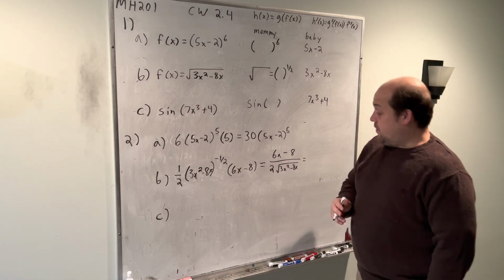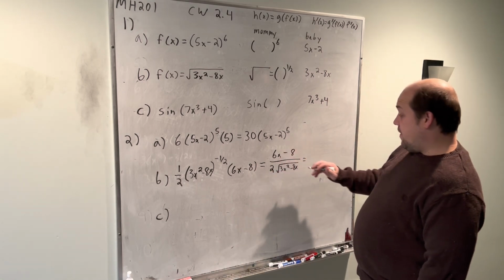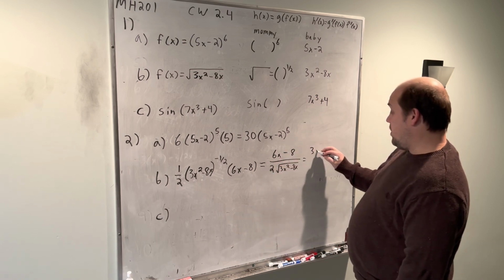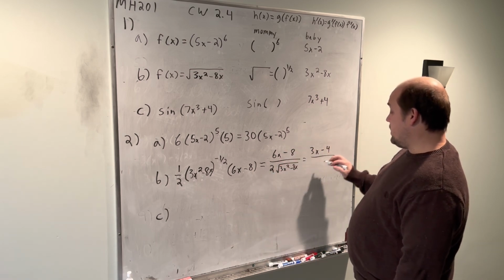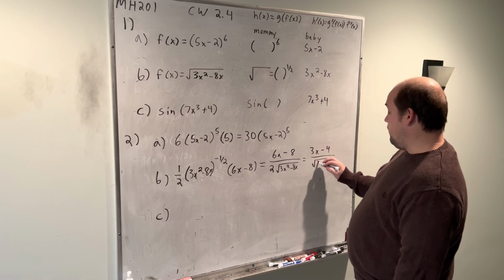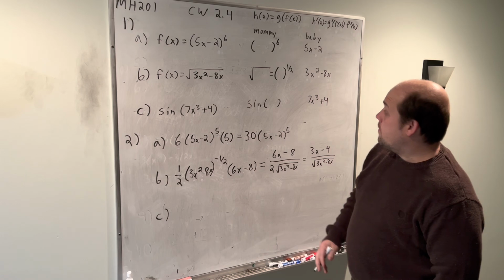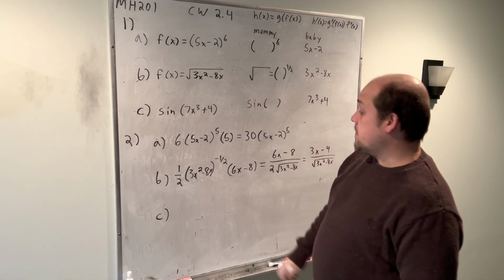Small thing, it's fine if you don't see it, but I can take a 2 out of everything. If I take a 2 out of the bottom and a 2 out of each term on top, I get 3x minus 4 on top, and on bottom I just get the root of 3x squared minus 8x. For part C, it's sine of something is the outer function.